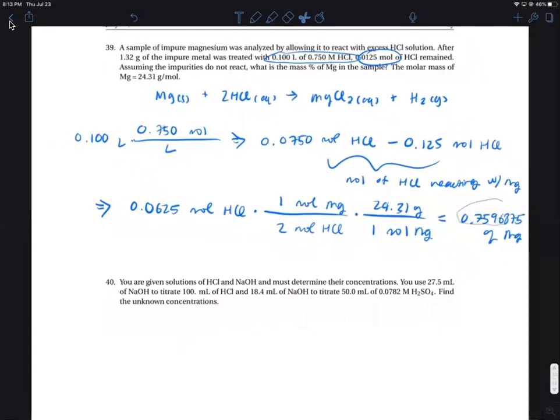Okay, and then from here we can divide by the original mass of the sample to find the mass percent. So divide by 1.32, multiply by 100%, and we get around 57.6% magnesium.